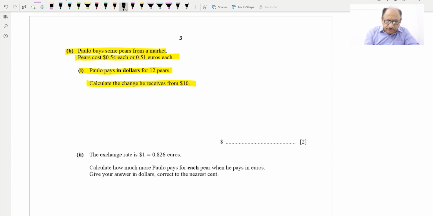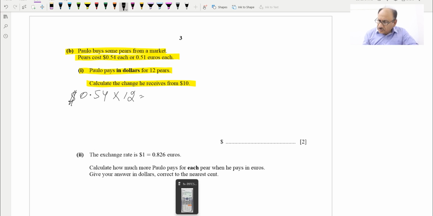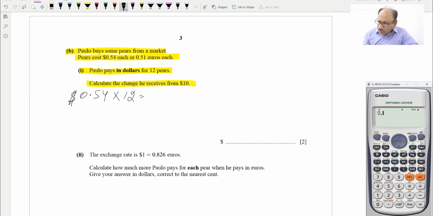So the unit price is 0.54, and 12 are bought, so multiply by 12, and this will be costing how much? 0.54 multiplied by 12 is equal to $6.48.